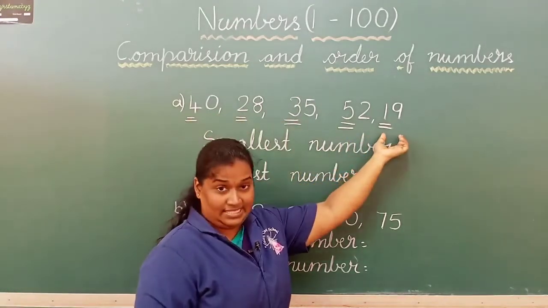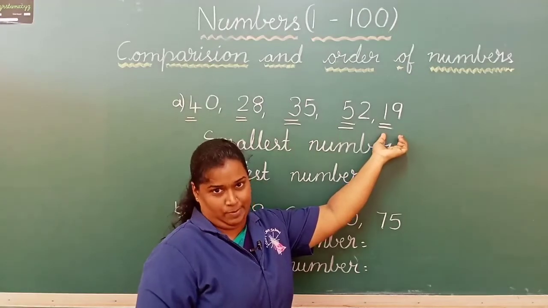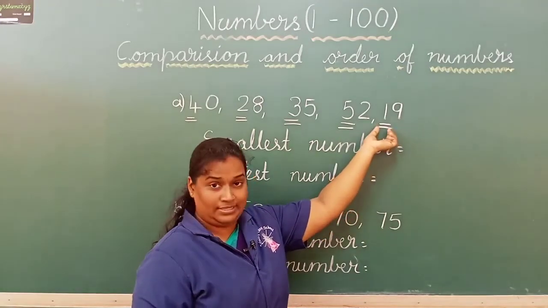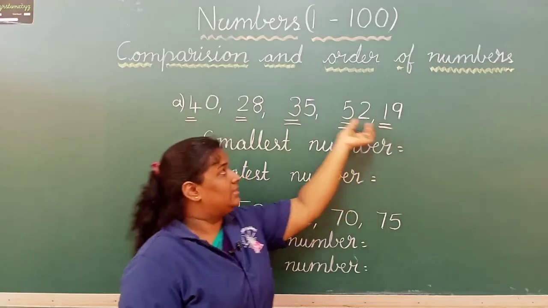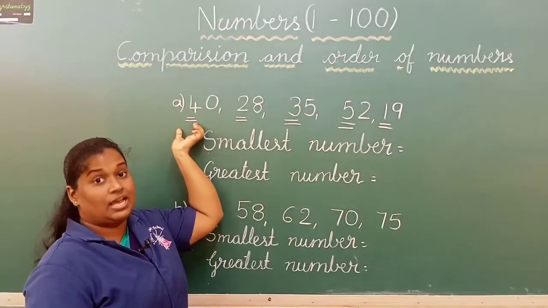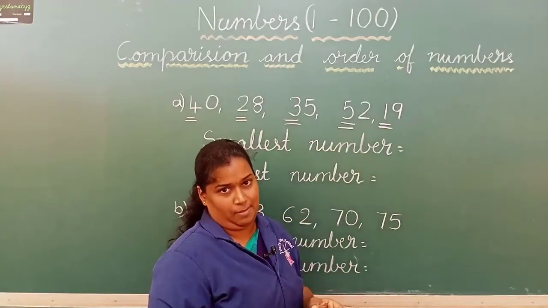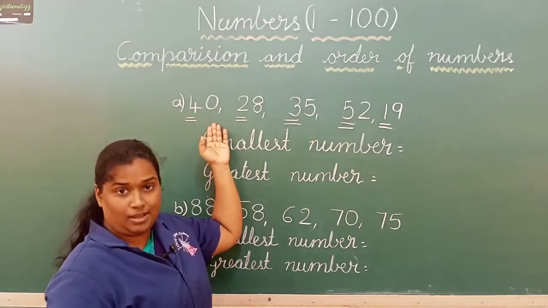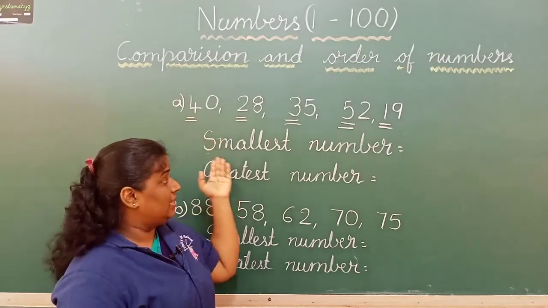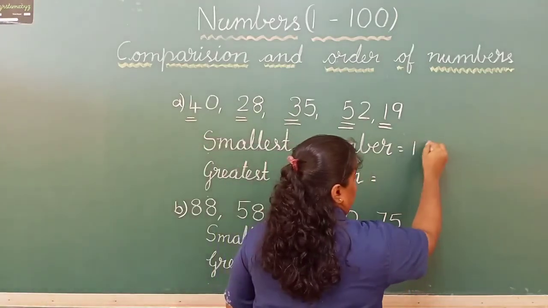So, 19 is the smallest number. 1 ten is smaller than all these numbers. That is why 19 is the smallest number among the given numbers. So let us write 19 as the smallest number.